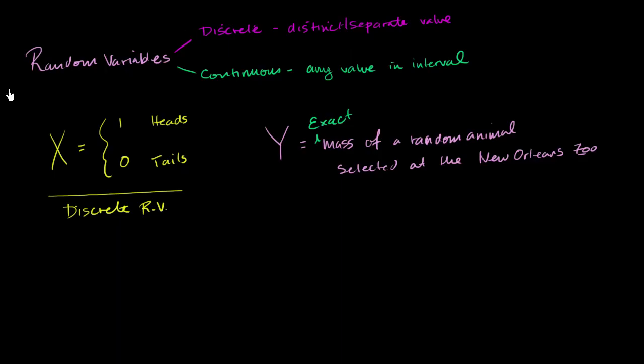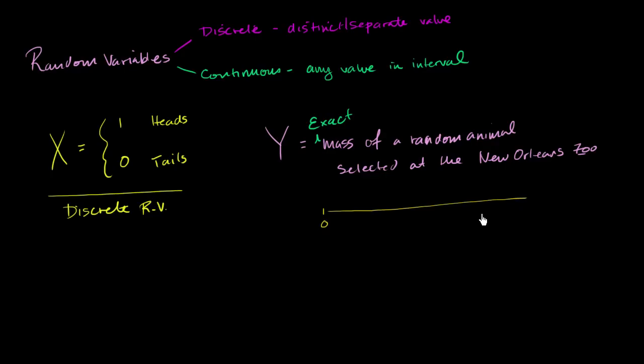So that mass, for example, at the zoo, might take on a value anywhere between, well, maybe close to 0. There's no animal that has 0 mass, but it could be close to 0 if we're thinking about an ant or a dust mite, or maybe even a bacterium, if you consider that an animal. I believe bacterium is the singular of bacteria.